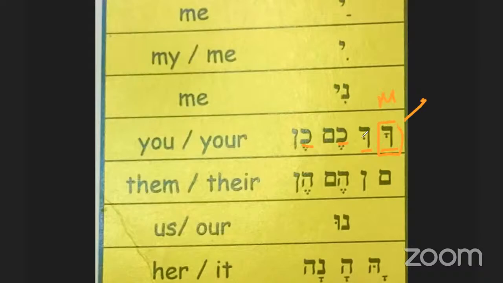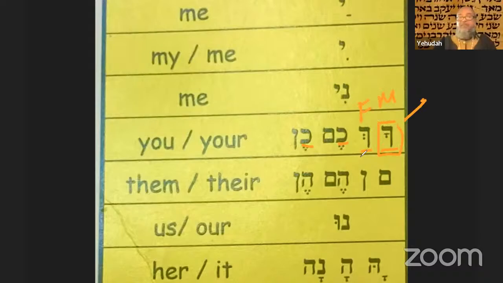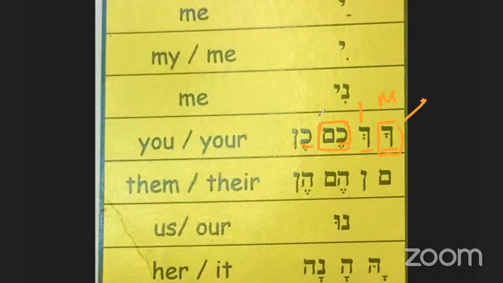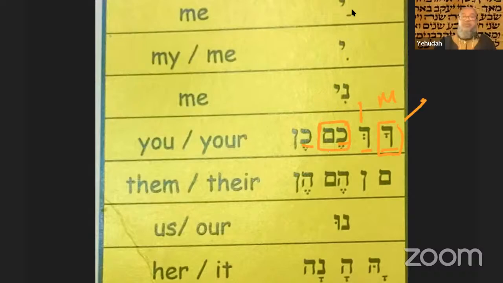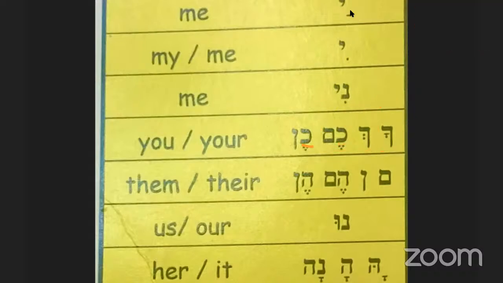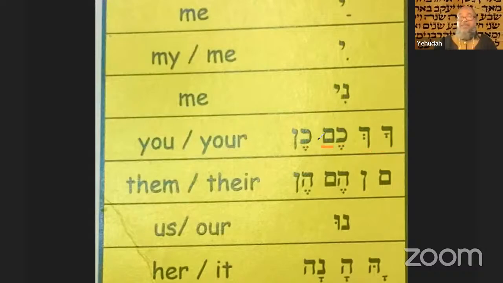Masculine. So this one has to be feminine. Okay. The next one. Is this singular or plural? Plural. Plural. Thank you. How do you know it's plural? The mem, yeah, the mem. Yep, the final mem tells you that it's plural. Absolutely. And it's masculine. Okay.